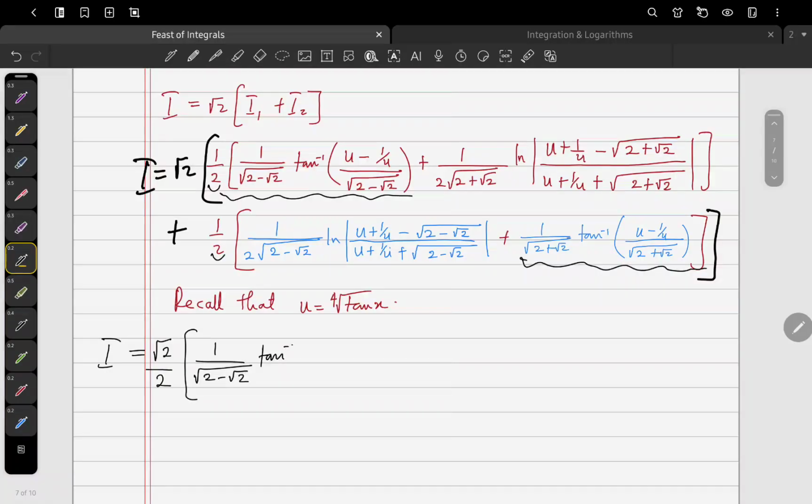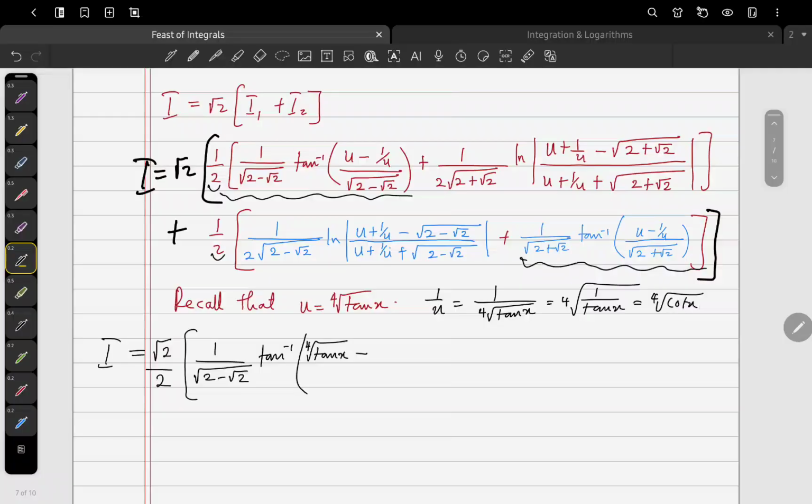Then tan inverse of, so u is the 4th root of tan x. Let me write it that way: 4th root of tan x minus, so if u is this, 1 over u will be 1 over the 4th root of tan x, which is the 4th root of 1 over tan x, which is the 4th root of cot x.